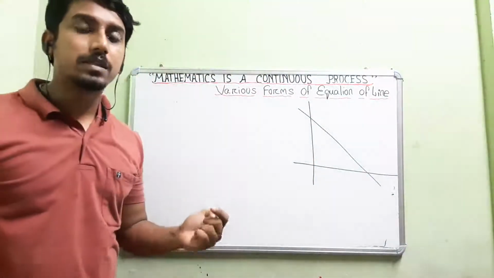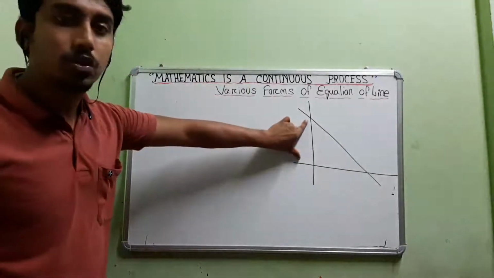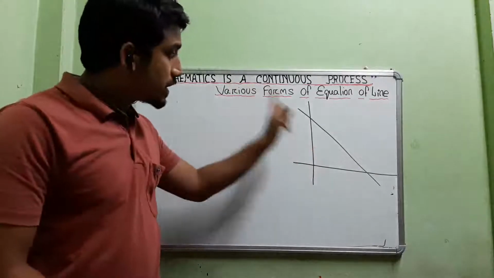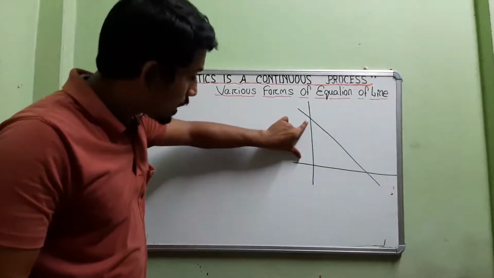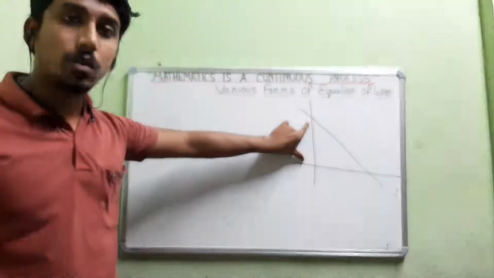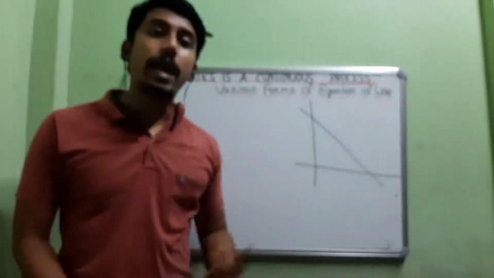Previously I discussed the slope intercept form. At that time I discussed only the y-intercept. Y-intercept means the straight line cuts off some portion from the y-axis, and that length is called the y-intercept. Similarly, if the straight line cuts off some portion from the x-axis, you get the x-intercept.